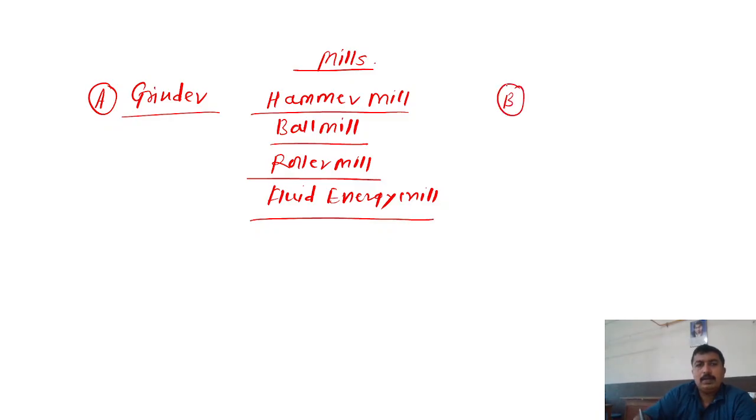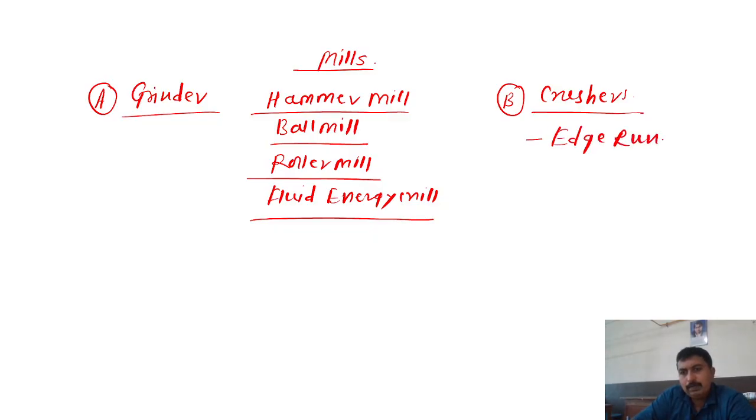The second type of mill is crushers. Crushers break the powder particle by compression force. Examples are the edge runner mill and the end runner mill. These are two types of mill.